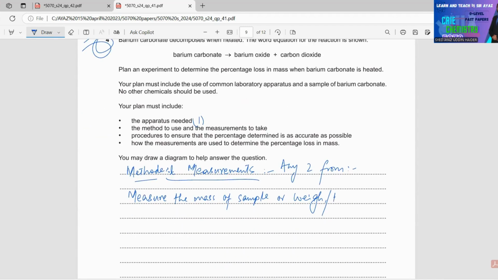And you have to heat the sample, because you want to check the loss in mass when it is heated. The container, you can name the container, like crucible. Then you can reweigh after heating.